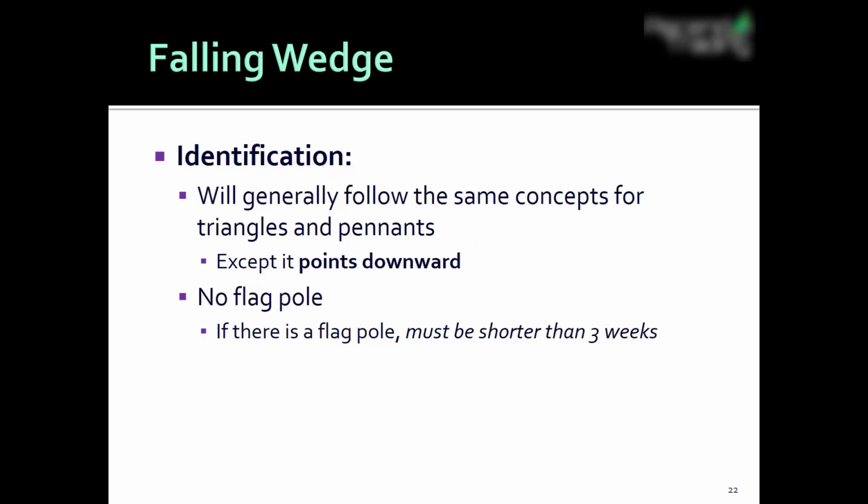Falling wedges, these are often sharp bullish reversals. They also go by the names of bearish wedges, wedge down, or falling wedge. They generally follow the same concepts as triangles and pennants, except they point downwards and there's no flag pole.